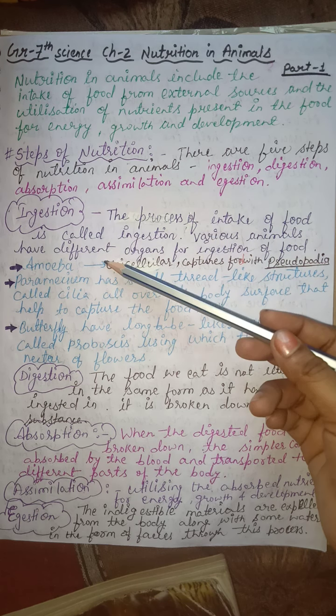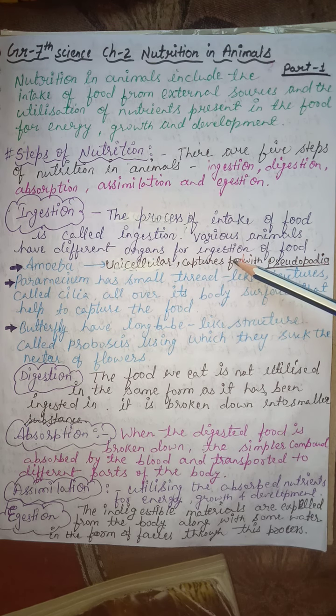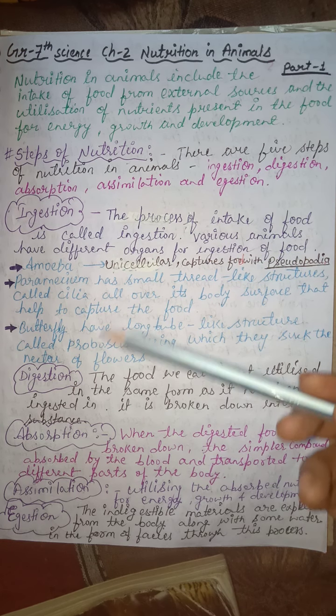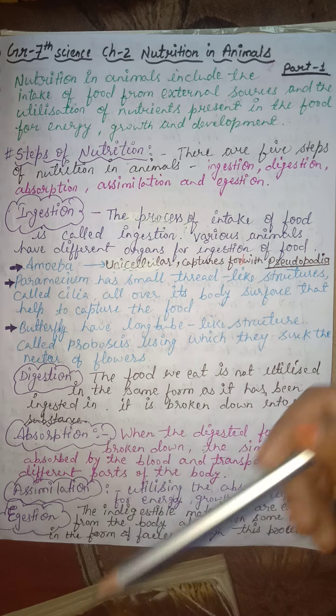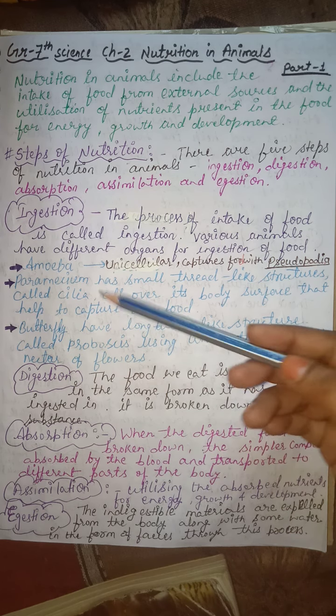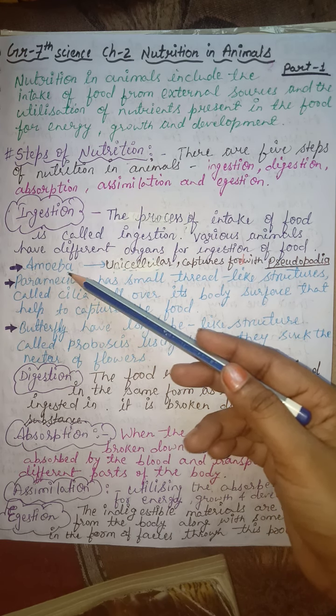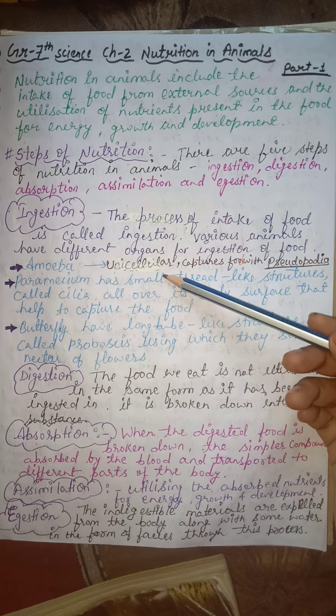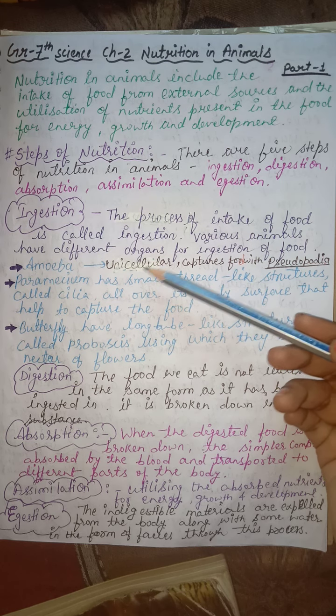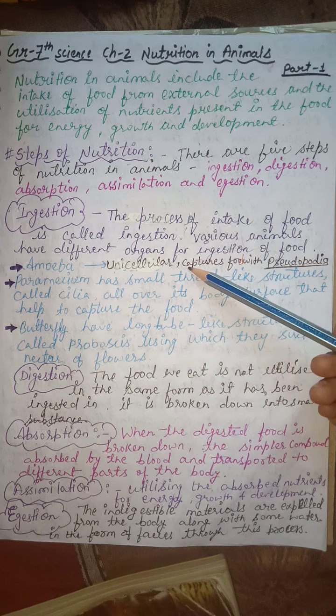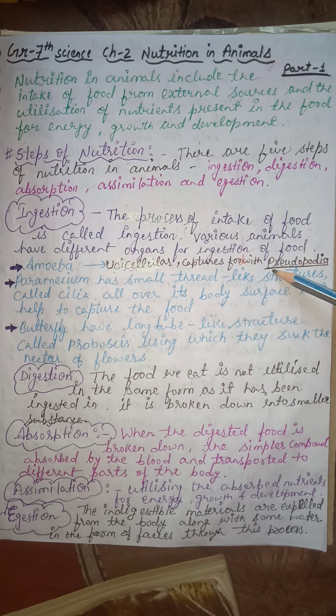Various animals have different organs for ingestion of food. Like we all humans have a mouth to intake our food. Amoeba is a unicellular microorganism, and it catches its food with the help of pseudopodia. They have pseudopodia on its body.